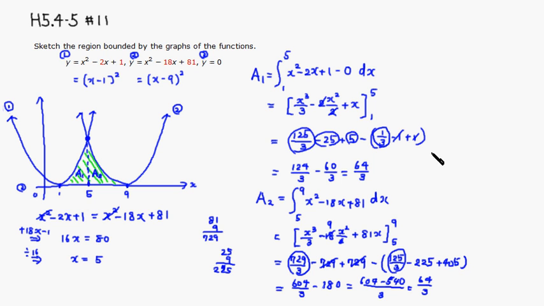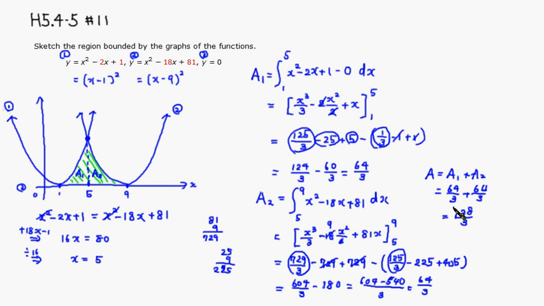So the area that we are looking for is the combination of those two guys. A is going to be A1 plus A2, which is 64 over 3 plus another 64 over 3, which is 128 over 3.